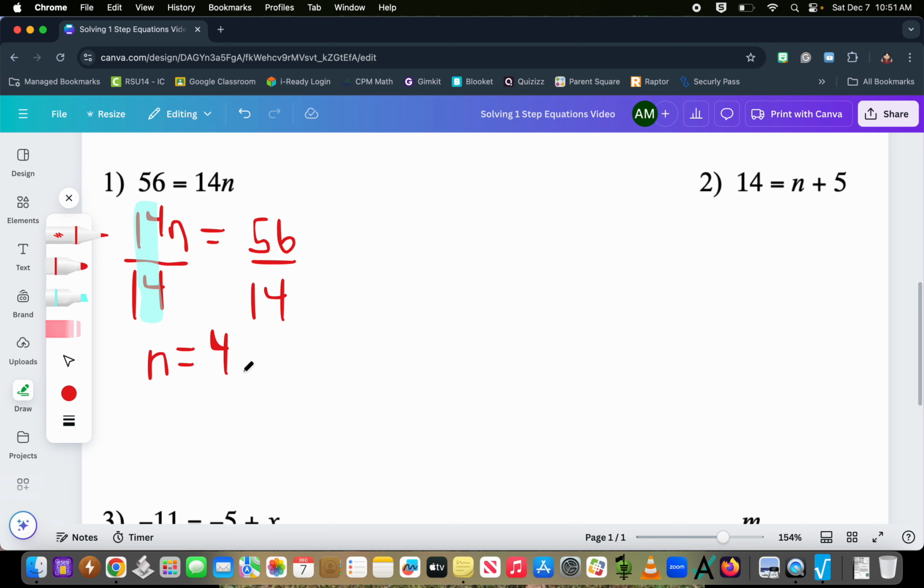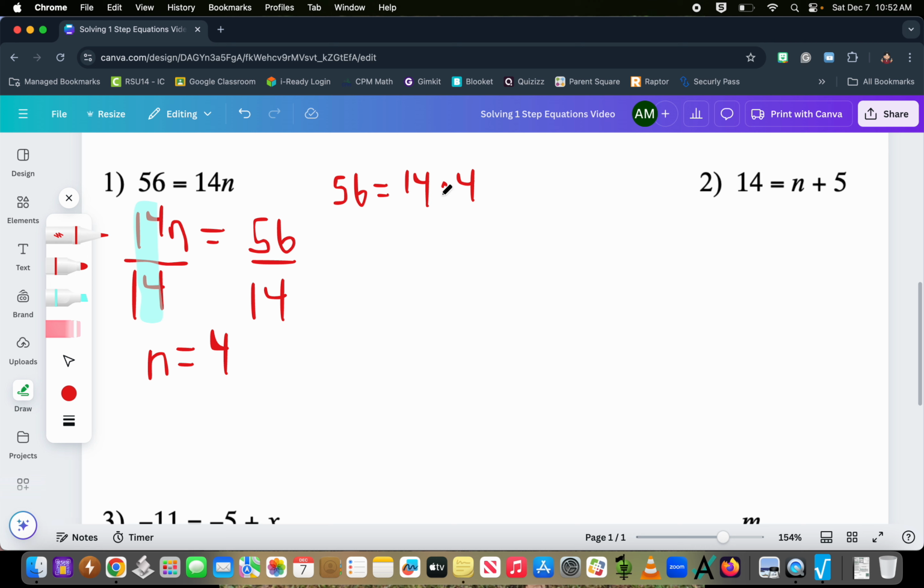And again, our last step was to substitute this back in for n to see if this is true. So if we go back up here and we write 56 equals 14 times 4, is this true?